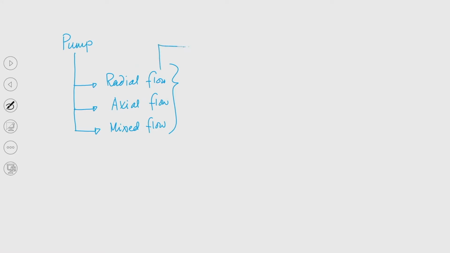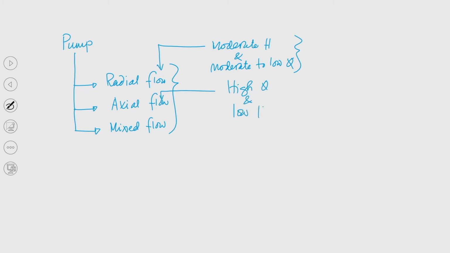So, this radial flow pump is used for moderate head and moderate to low Q. Similarly, for the axial flow pump, the reverse is there, that is high Q and low H. And the mixed flow pumps that we have talked about are used for moderate to high flow rate against a moderate to low head.